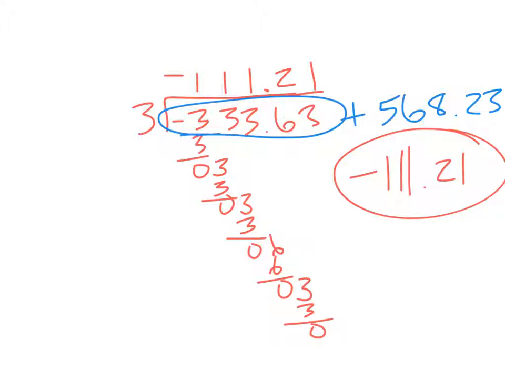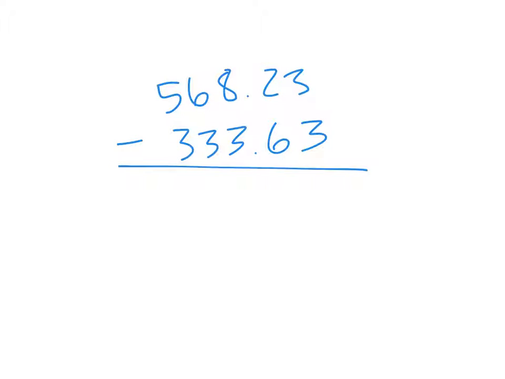Okay? Which one is bigger? The 568, right? So I'm actually going to put that on top. And then subtract the 333.63. Well, it's adding, but it's a negative number, so you're subtracting.